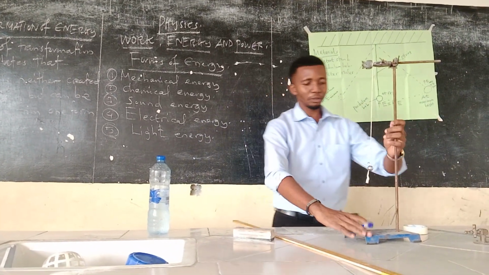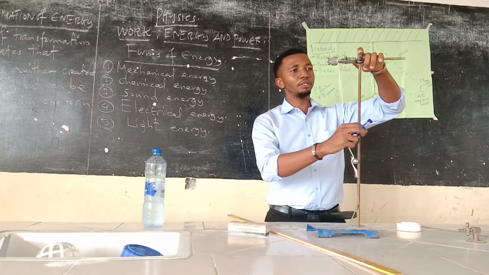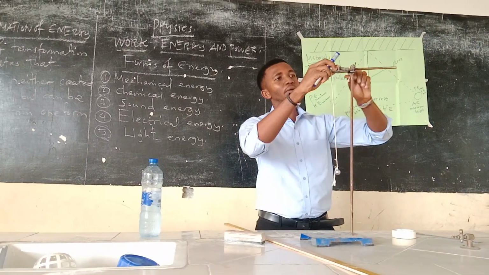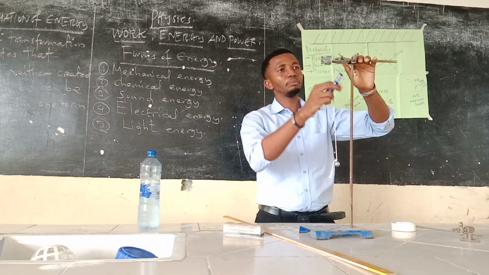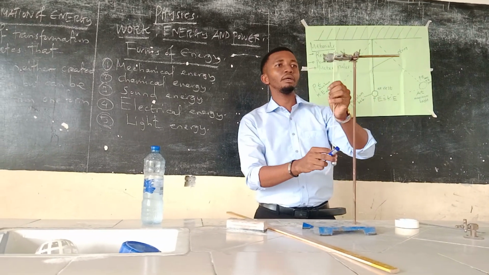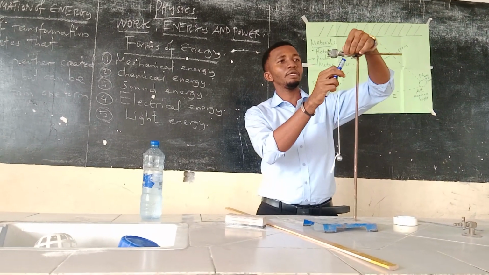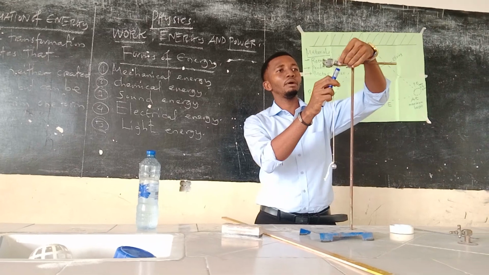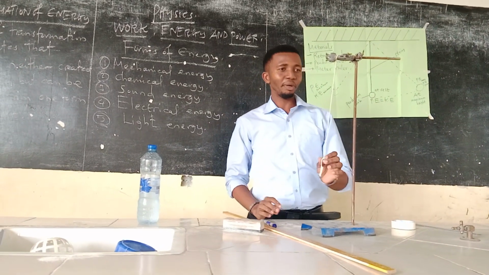First of all, you have to set your materials like this. Set your clamp at the upper side, then make sure that it is tightened, and also your pendulum bob.